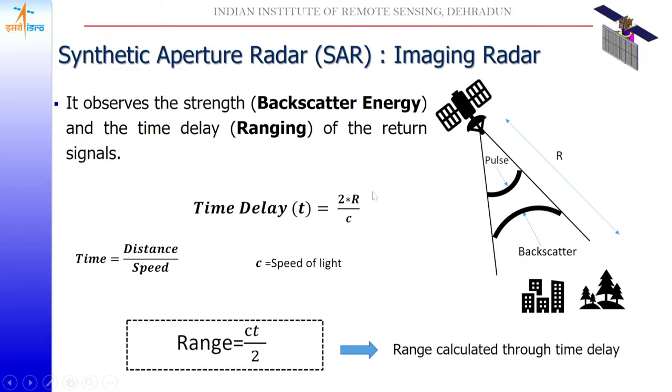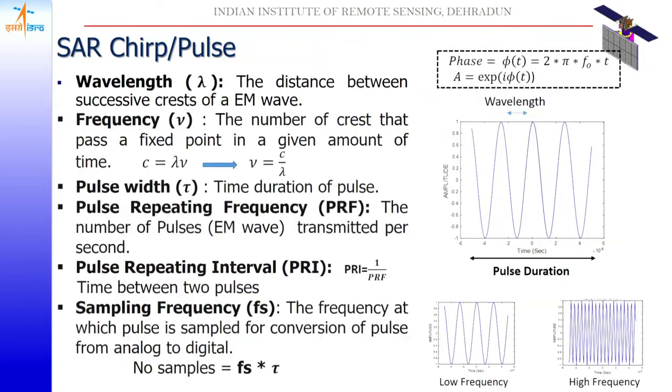In an optical sensor we do not get the range directly. We have to run some geolocation algorithm from the roll, pitch and yaw to get the range out of it. In optical sensing we get the range indirectly, but in SAR we get the range directly from the sensor with the help of the time delay concept.